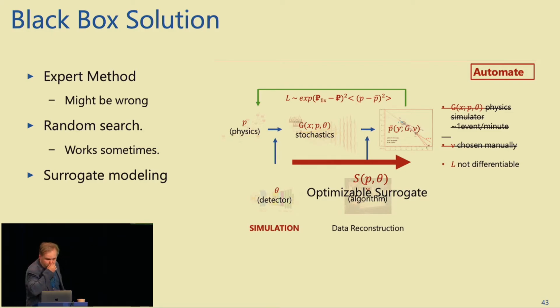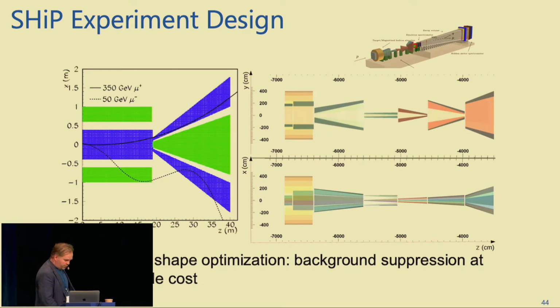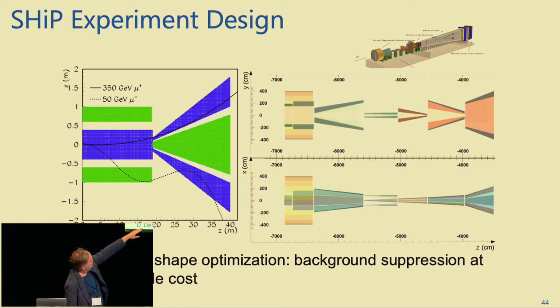We used modeling like this, for example, in experimental design in the last years. This experimental design was done in the following way. We have an experimental setup, which is on the top of the slide, and an incident particle coming to this setup.